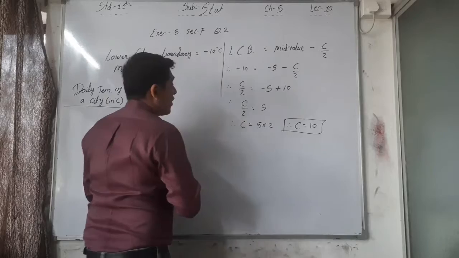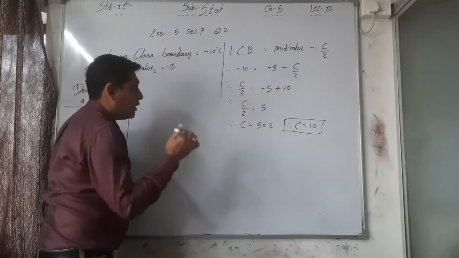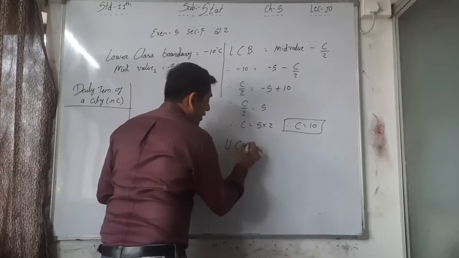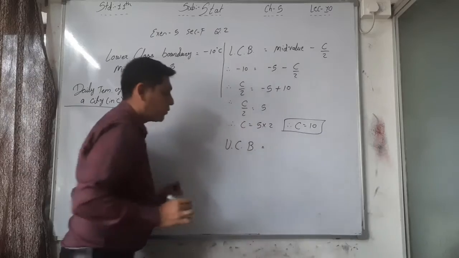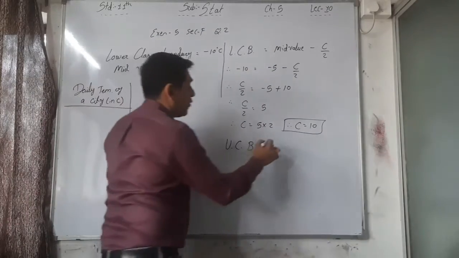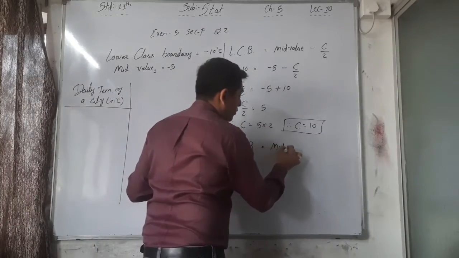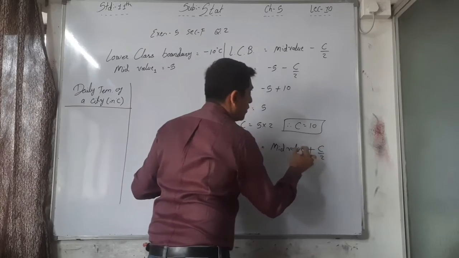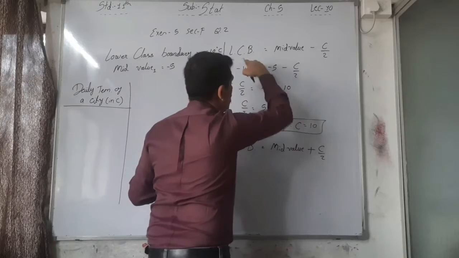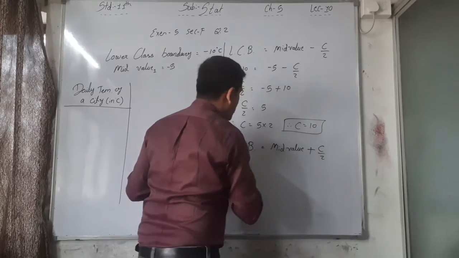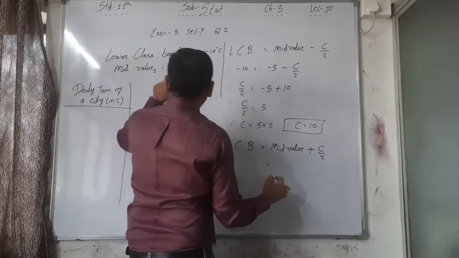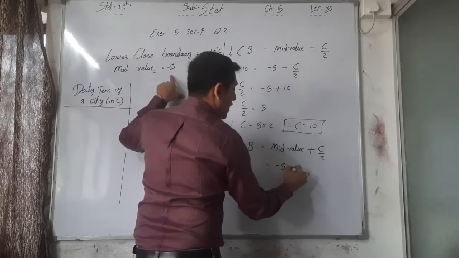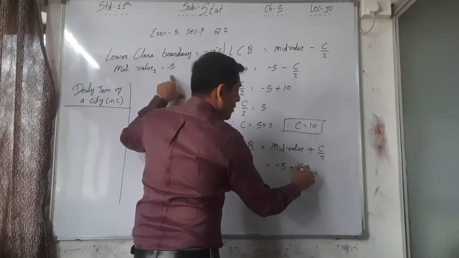First of all, we are finding out the class length from this, and then the upper class boundary. What is the formula for that? Mid value plus C by 2. Mid value minus C by 2 is the lower class boundary, and mid value plus C by 2 is the upper class boundary. Now we have the mid value for this, that is minus 5, and the class length for this, yes, 10 by 2.